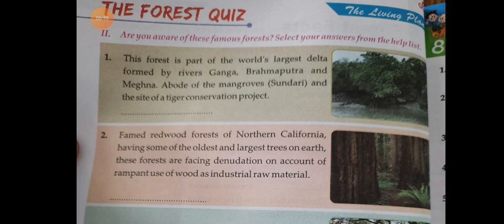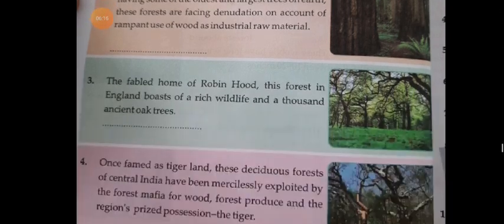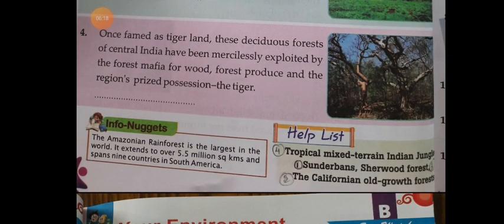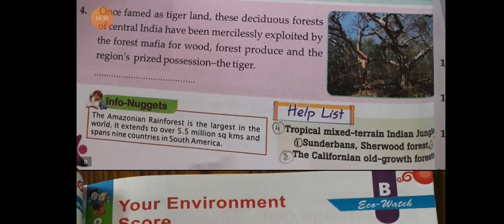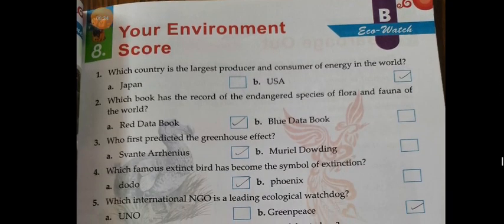Select your answer from the help list. This forest is a part of the world's largest delta formed by the rivers of Ganga, which is the Sundarbans. Second one is the Californian old growth forest. Third one, Sherwood forest. Fourth one, tropical mixed terrain Indian jungle.